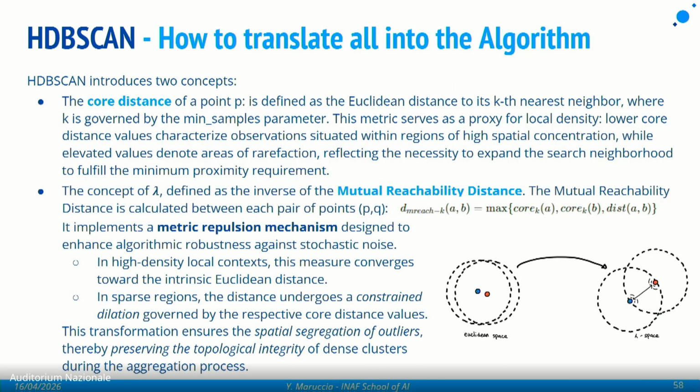Well, how to translate it into mathematics? We need to introduce two concepts, the core distance and the mutual reachability distance, okay? So the core distance of a point is defined as the Euclidean distance to its k nearest neighbor, where k is governed obviously by the minimum samples parameter.